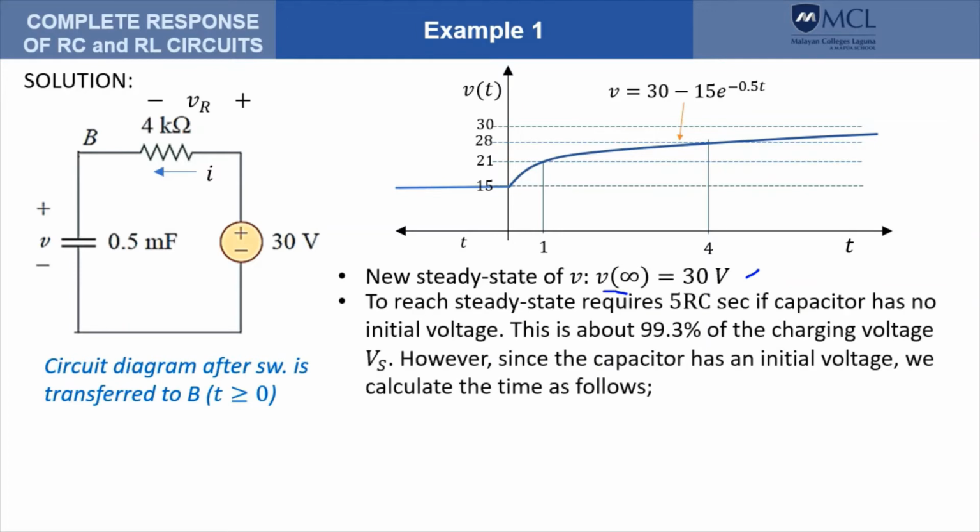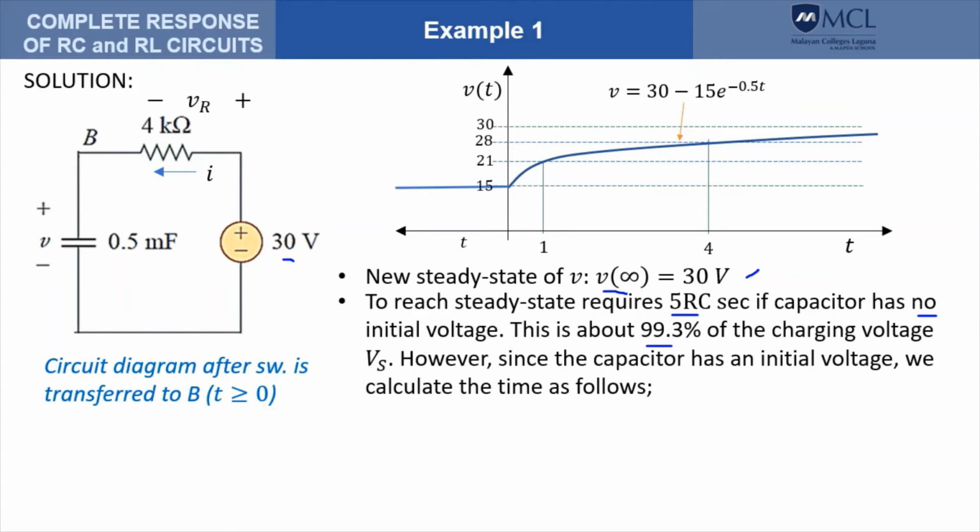To get to that voltage requires approximately 5 RC if the capacitor has no initial voltage. So this is about 93.3% of the charging voltage V sub S.